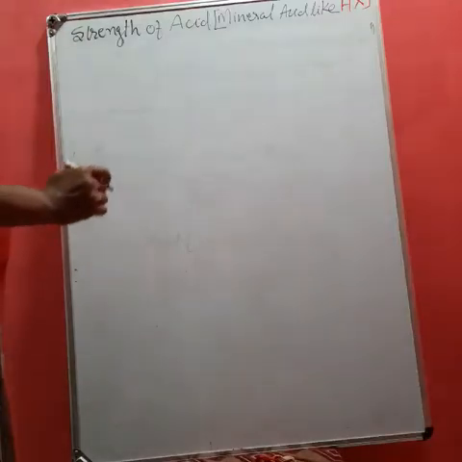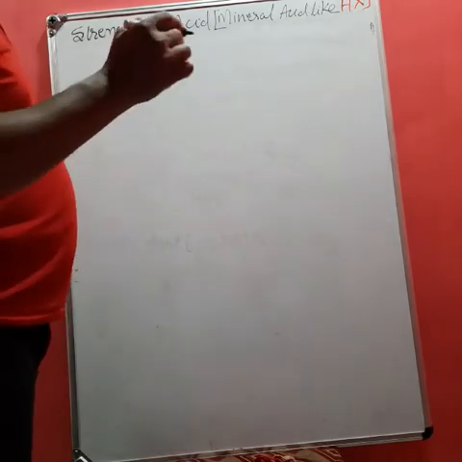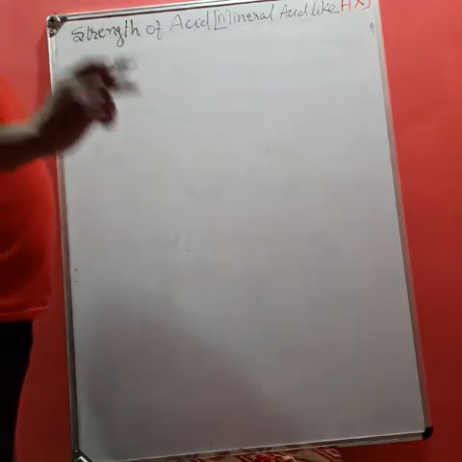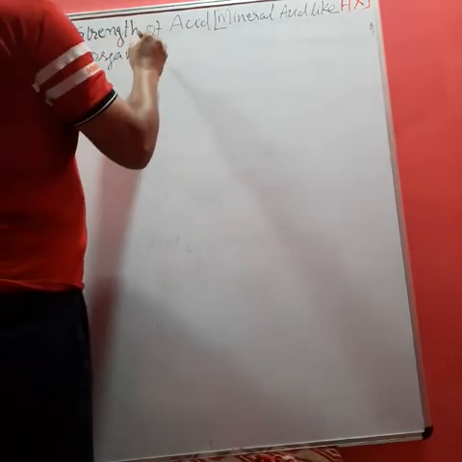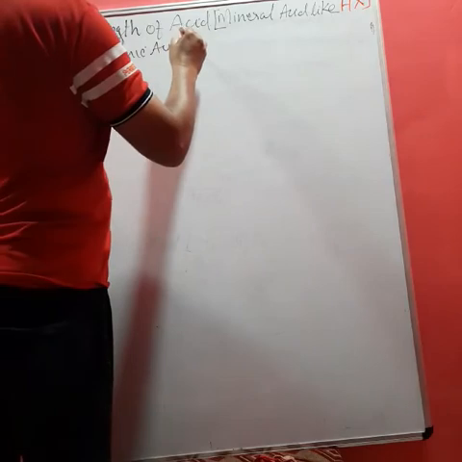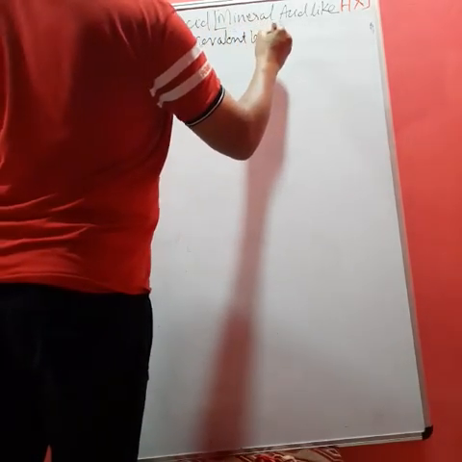Yes, student, we have checked earlier that acids are of two types: organic acid. Organic acid consists of what? Covalent bond.